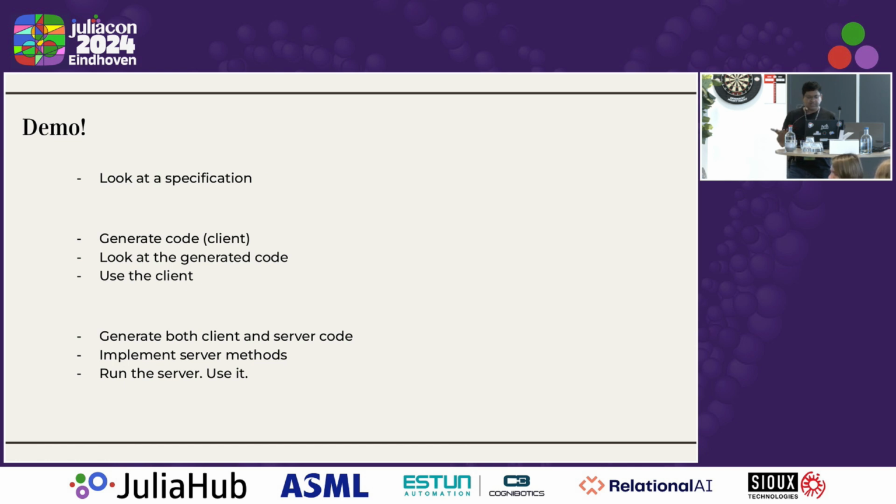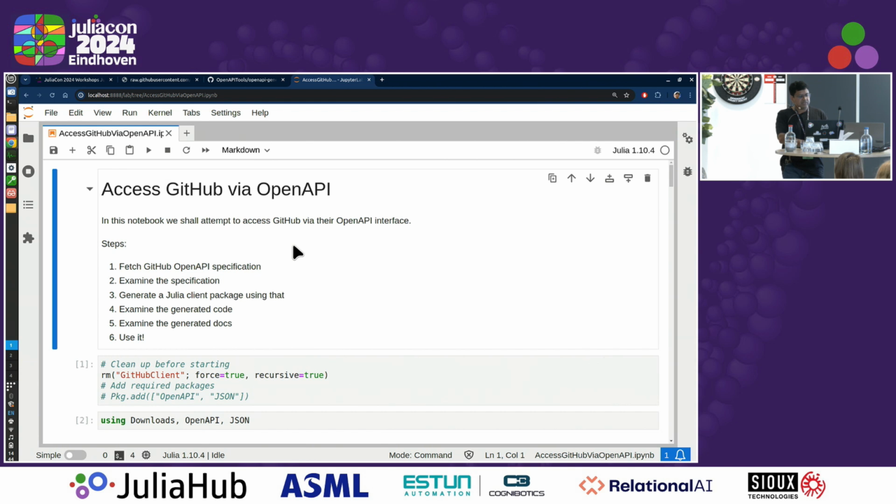We want to use it, so we want to generate a client and then use it straight away. Right? We shall look at that, and then we shall have another example where we implement the service on our own. So we write a spec, we implement the server and use the client, and it will be an end-to-end demo, right? So let's start with the first one.